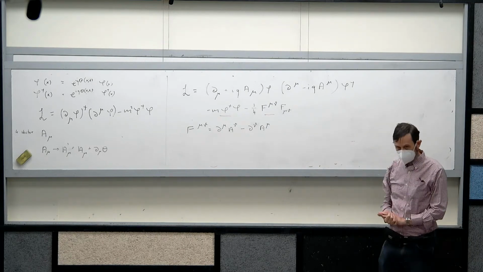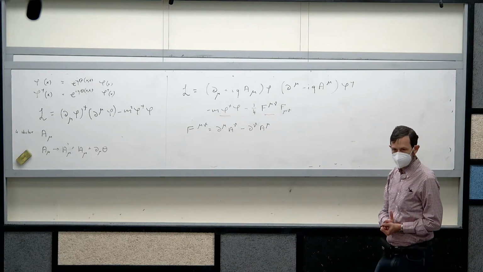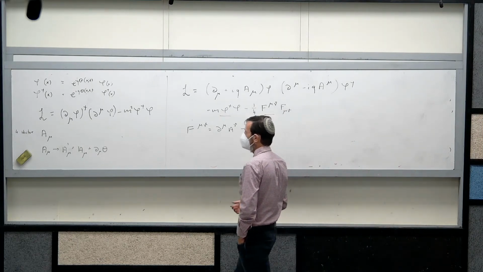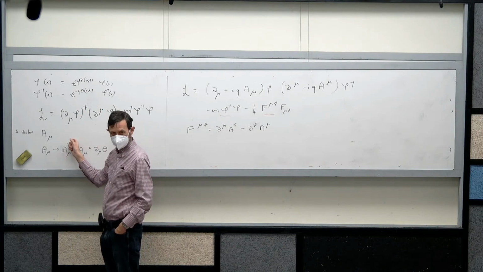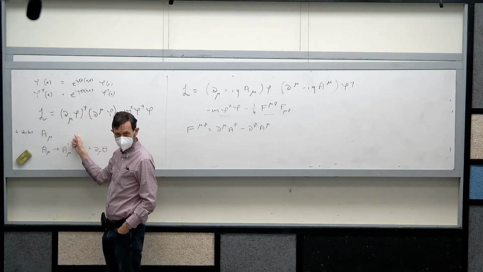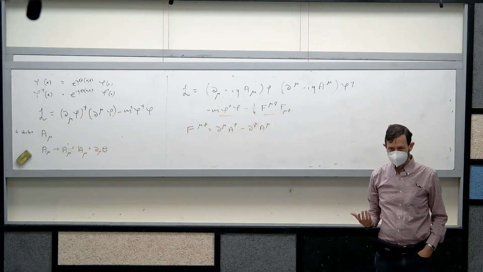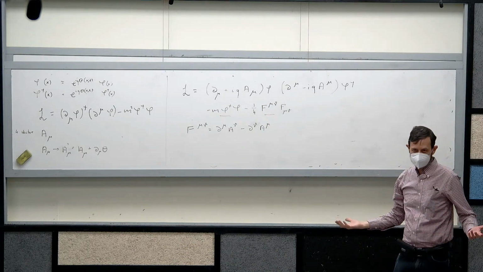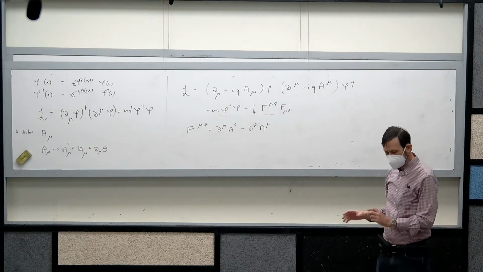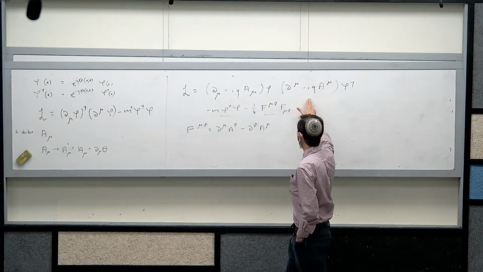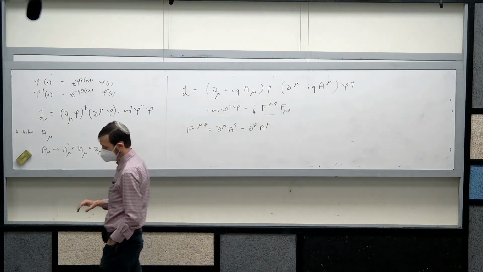Now, what remains to be done? We have to show that when I'm doing these transformations, the Lagrangian is indeed invariant. And well, that we'll do in the next lecture. What I want to do here is just a small matter of definition.